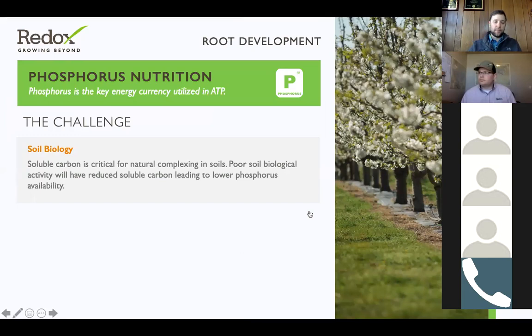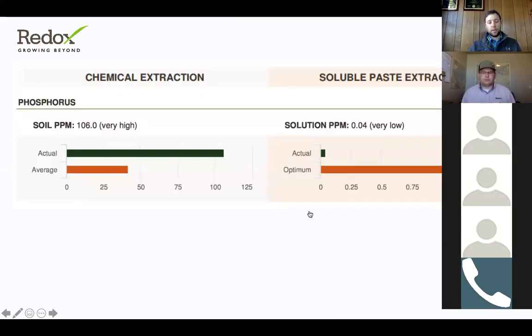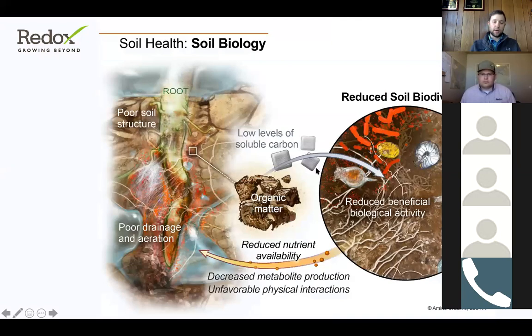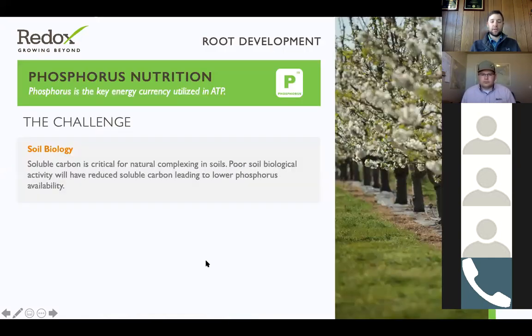So the first challenge, I guess, there is soil biology. We want to have a diverse and vigorous soil biology to help cycle phosphorus out of that bound up form and make it plant available. We have in many soils a reserve of phosphorus in the soil, but we don't have it where the plant can use it. So the key here is promoting biological activity in the soil through organic matter applications and other management tactics to make sure we don't damage that and keep that at the highest level we can, and that will help with nutrient availability, especially phosphorus nutrition.